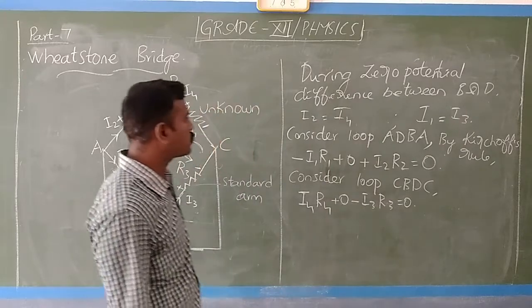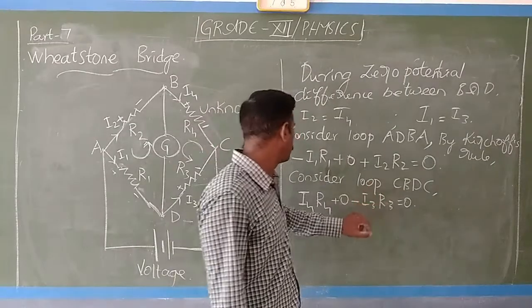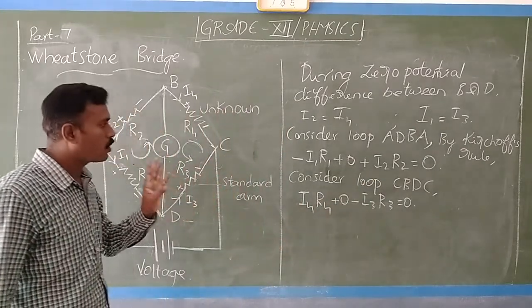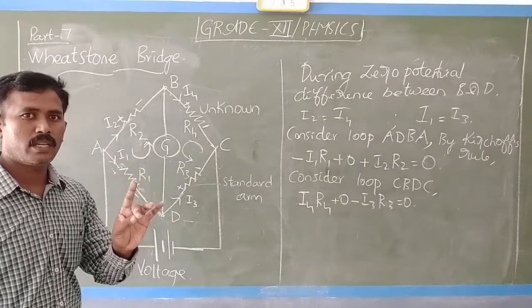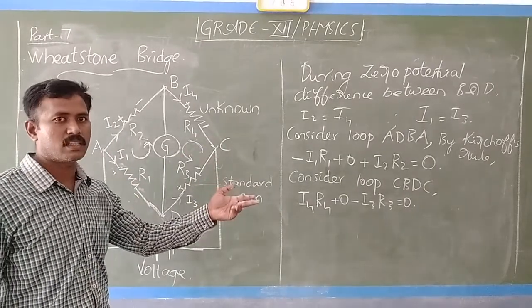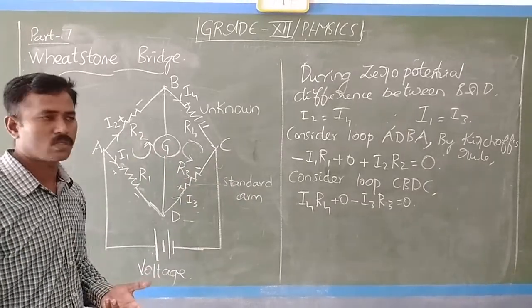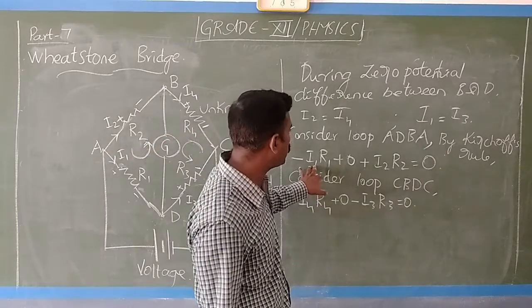Now you apply I1 equal to I3 here. So you have 4 variables I1, I2, I3, I4. If 2 variables are converted, the equation will be solved. It will be very easy. So why go for 4 variables?